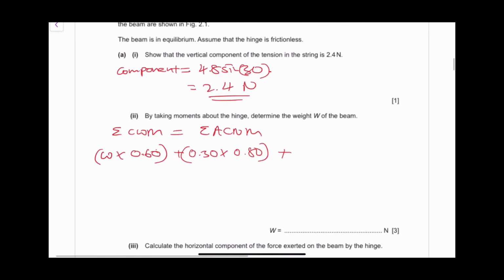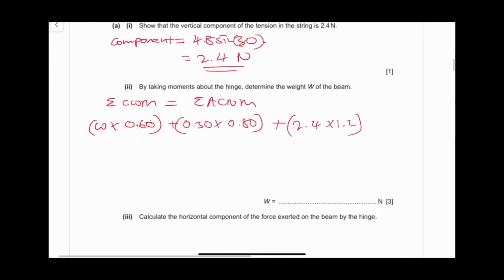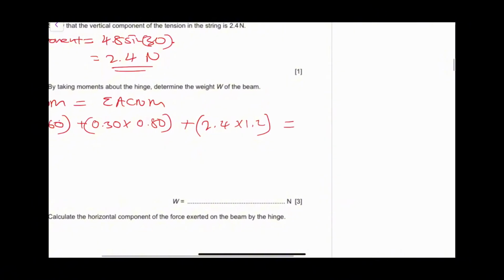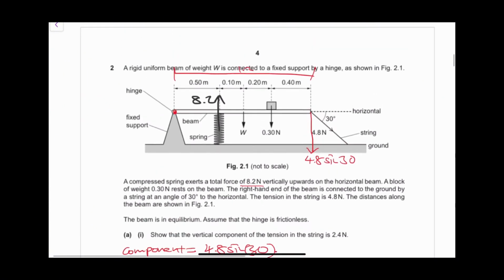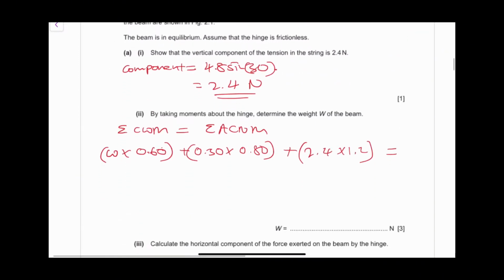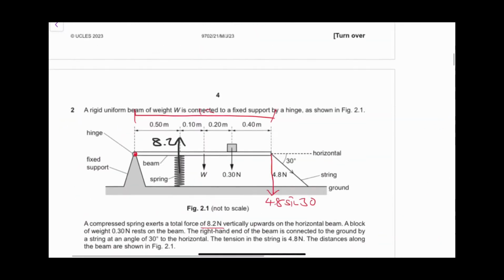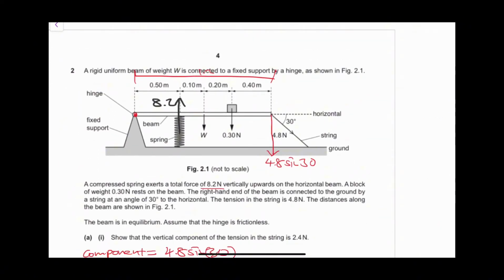So this will be 2.4 times 1.2, and that must all be equivalent to our anti-clockwise moments, which is only one in this case: 8.2, and 0.50 from the pivot itself. These two must be equal, so the forces acting in this direction must be equal to the forces acting in that direction.